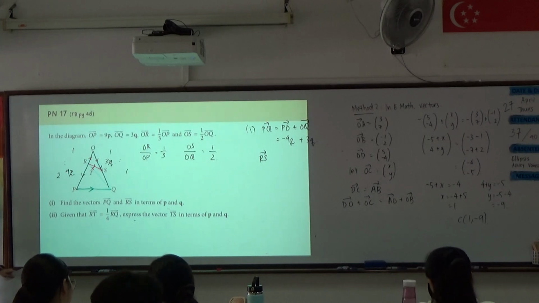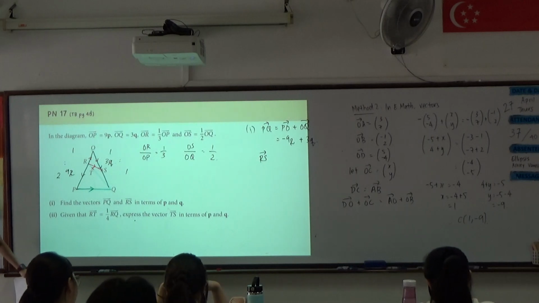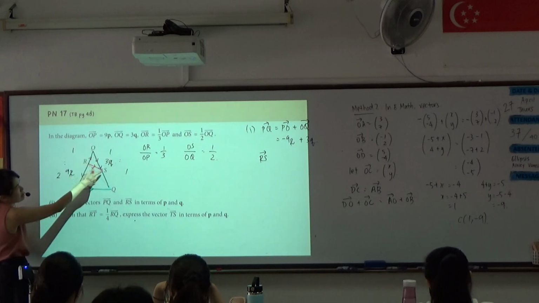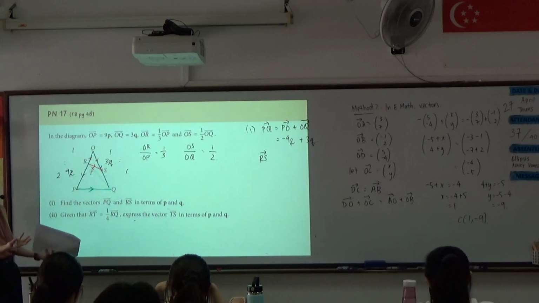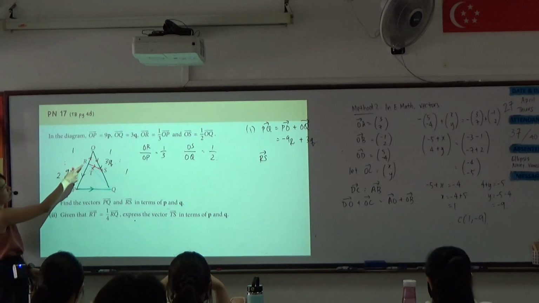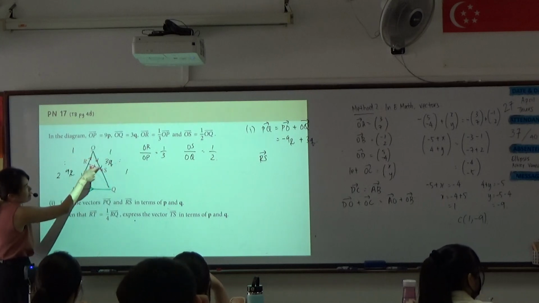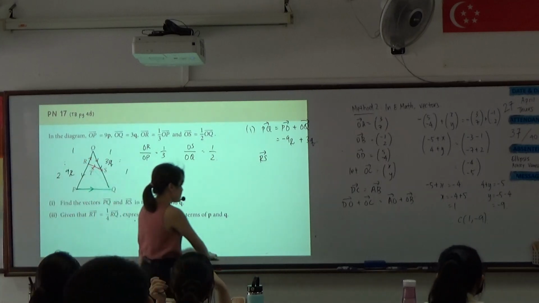Just like if you want to go home, you don't fly to the moon first. You can just take a direct bus back home. So for RS, find the shortest path and see whether it is even possible first. We know that it is possible because based on this ratio, I can find out what this vector is, and based on this ratio, I can also find out what OS is.